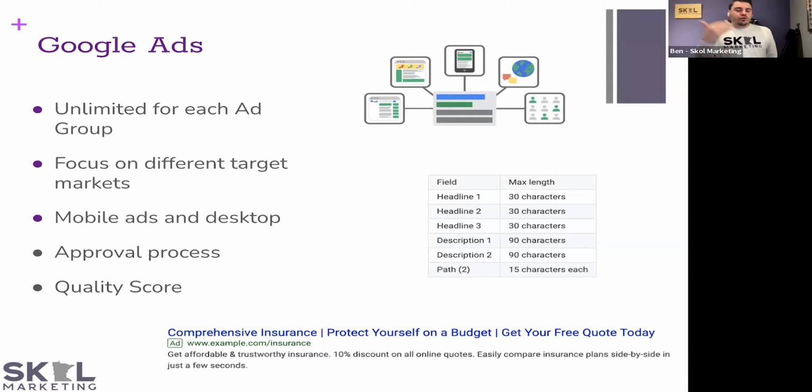Another thing to note is when you do create a Google ad, and we're going to go into some strategy and give you some examples and tips very shortly, just know that when you create an ad, it does have to go through an approval process. It's part automated, and sometimes there is even a manual process where Google looks at some of them. The automated process makes sure you don't have anything like swear words, and the manual process is just making sure that things are set up correctly.